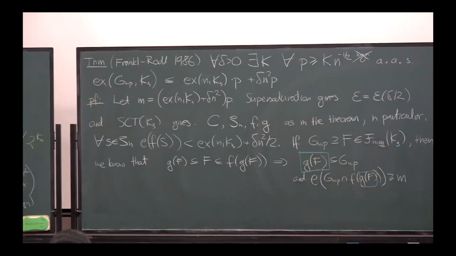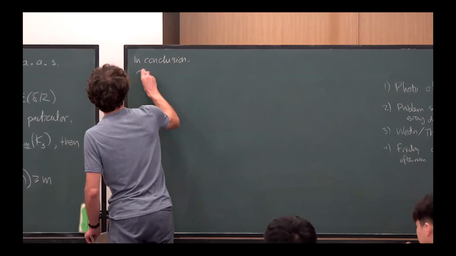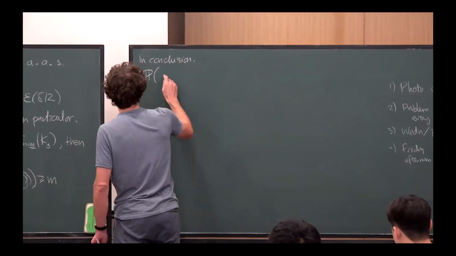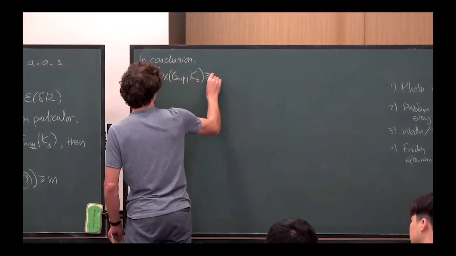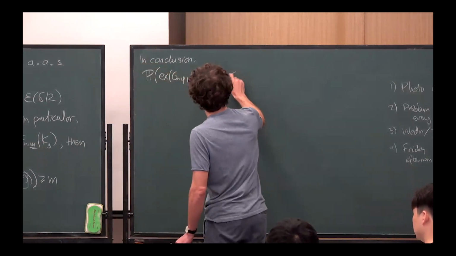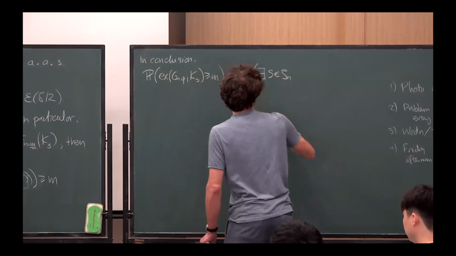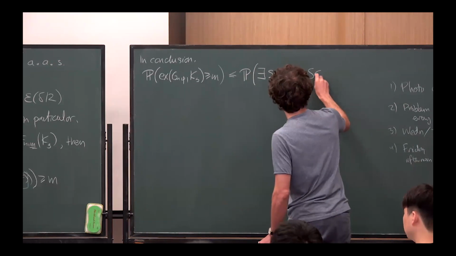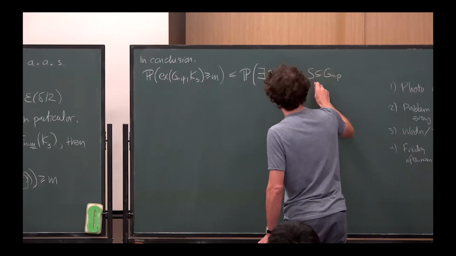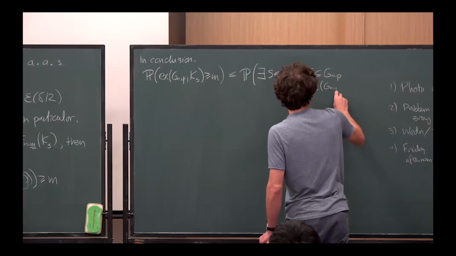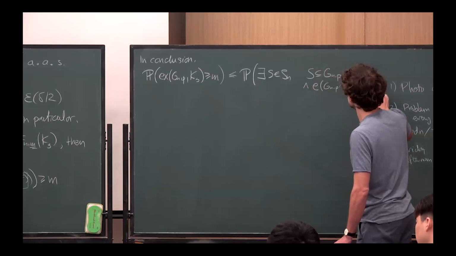So in conclusion, the probability that G(n,p) contains a triangle-free graph which is too large can be bounded from above by the probability that for some S in Sn, we have the following two events: S is contained in G(n,p), and the number of edges in the intersection of G(n,p) with F of S is at least m.